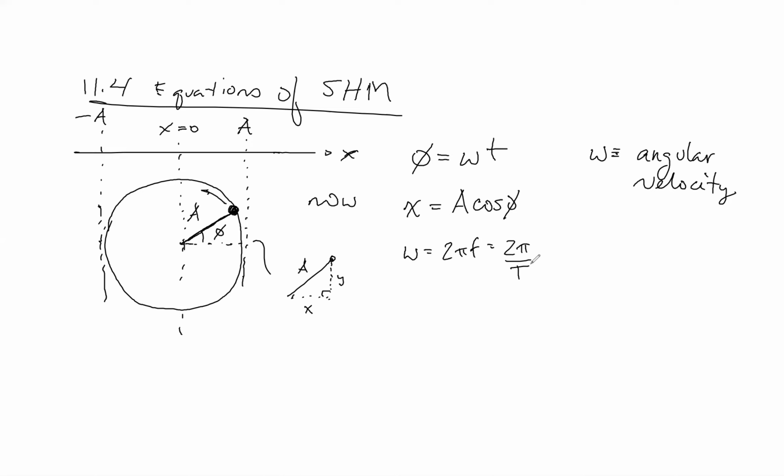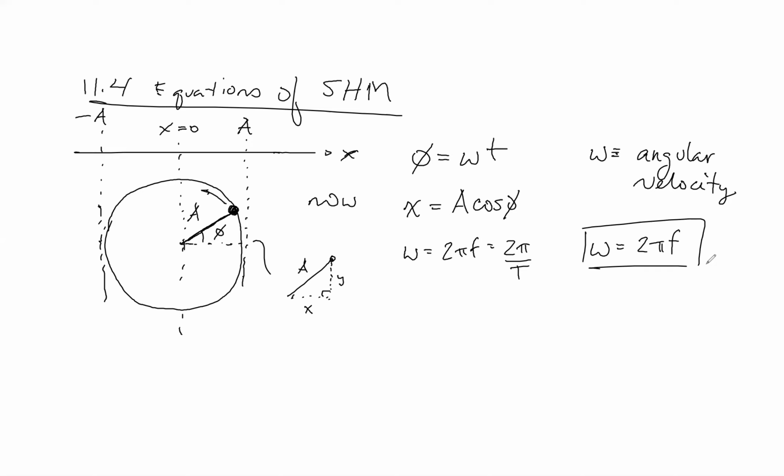I'm just going to write it one more time. But I just want to remind us that we looked at this definition of omega, that angular frequency, angular velocity in terms of a frequency.